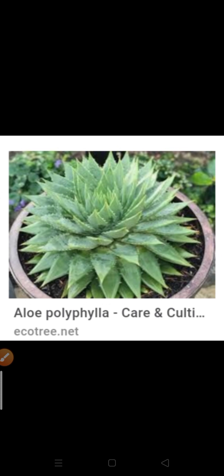In this type a single leaf arises at each node in an alternate manner, like in aloe vera, mustard, China rose, sunflower. In all these plants you can see alternate pattern of leaves.